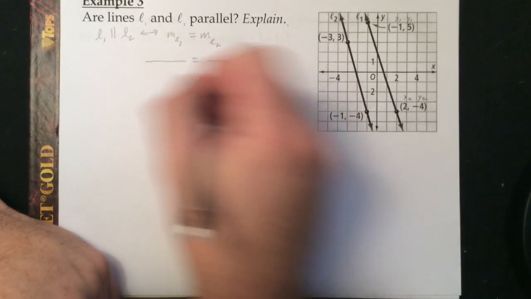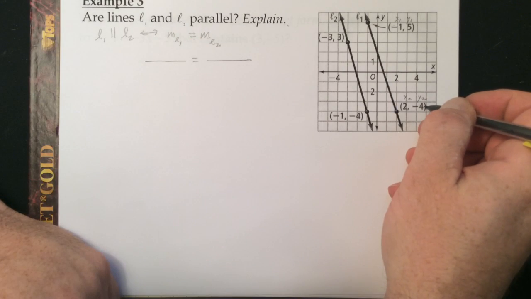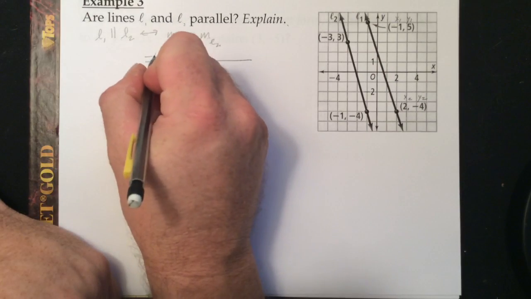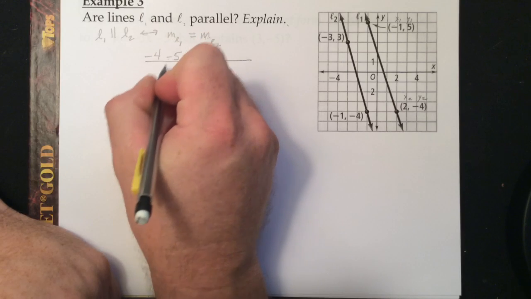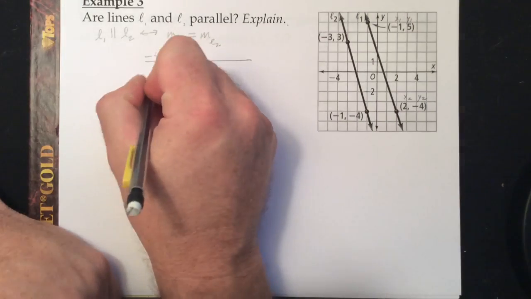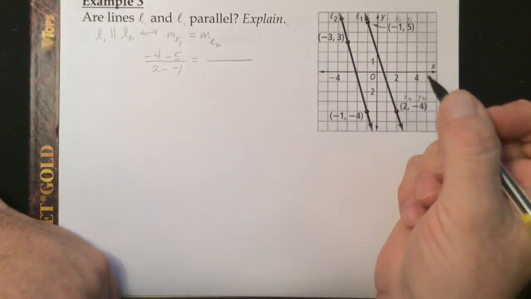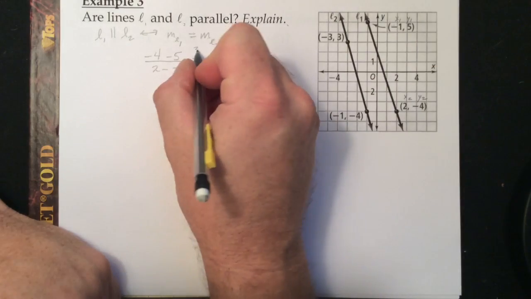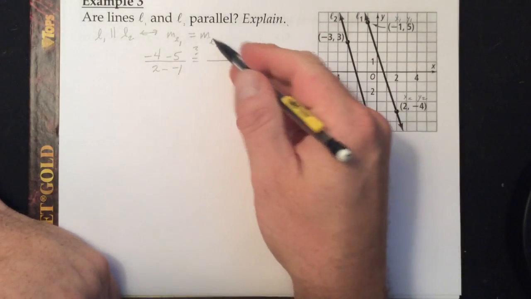Starting with our y coordinates, y2 minus y1, we have negative 4 minus 5, over the difference between the x coordinates, x2 minus x1, or 2 minus negative 1. We're going to check to see if it is equal to the slope of line 2.